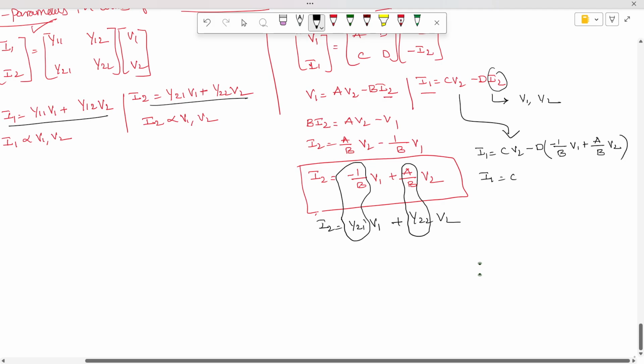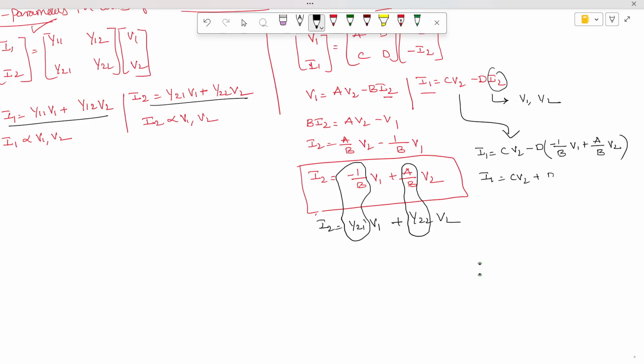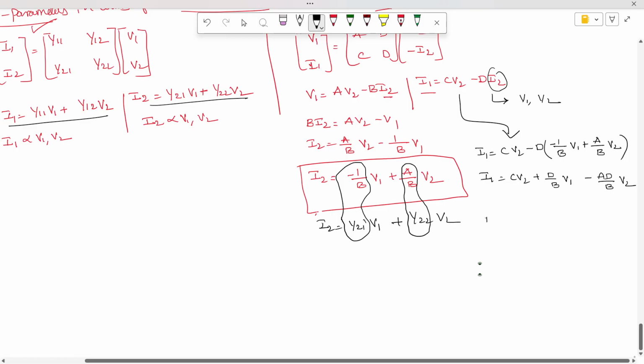I1 is equal to C V2, minus into minus is plus, D by B into V1 minus A D by B into V2. So write down in the standard format.